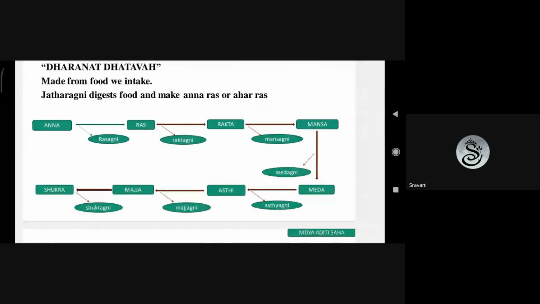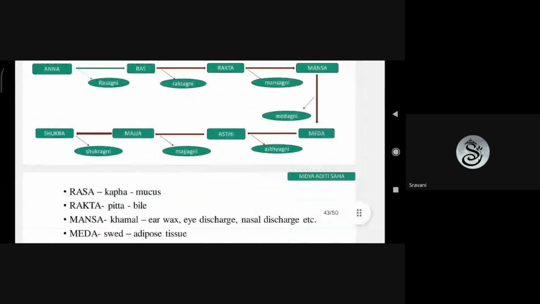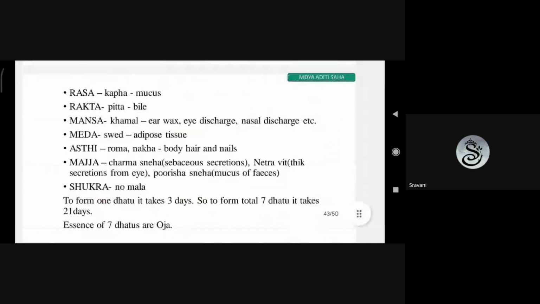Now let us understand the dhatus in detail. Rasa is mainly kapha or mucus. Rakta is mainly made up of pitta or bile. Don't go by physiological terms, as if blood is made up of bile juice.